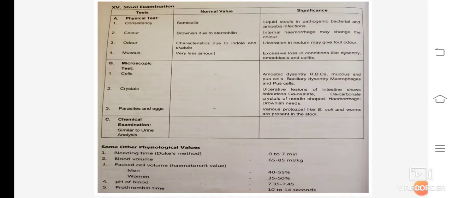In hemorrhage, brownish needles are observed. Then parasites and eggs: various protozoa like E. coli and worms are present in the stools.